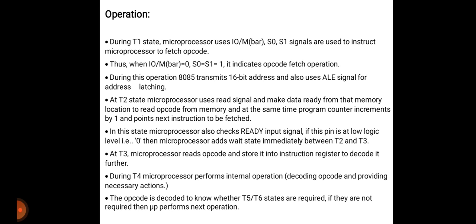The opcode is decoded to know whether T5 or T6 states are required. If they are not required, then the microprocessor performs the next operation. This is the operation of opcode fetch. Then we will start with the timing diagrams.